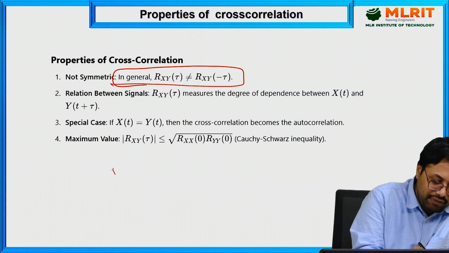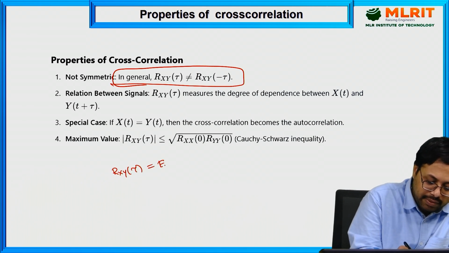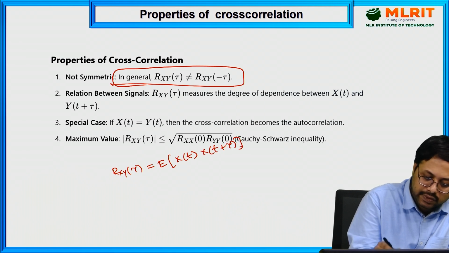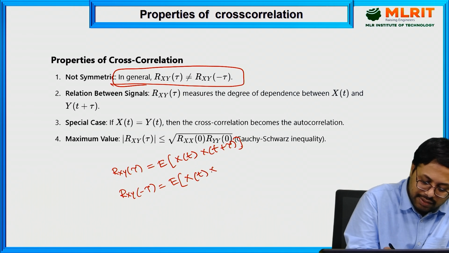You can apply the formula: R xy of tau is equal to expectation of x of t into y of t plus tau. Next, R xy of minus tau is equal to expectation of x of t into y of t minus tau.